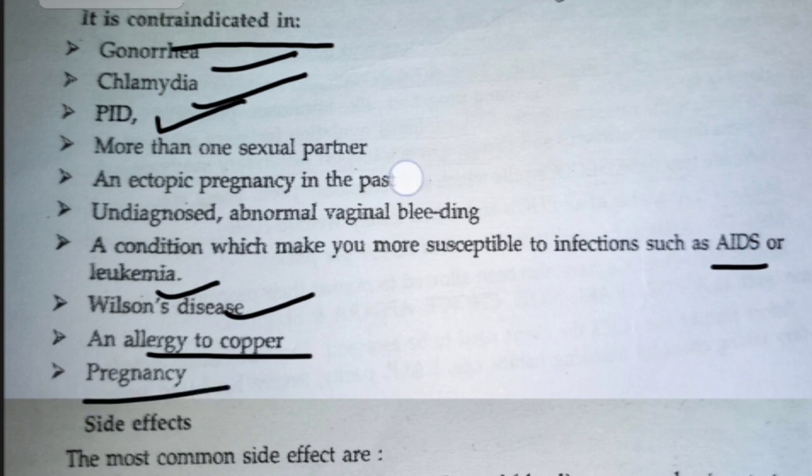If she has a past history of ectopic pregnancy, where fertilization occurred in the fallopian tube or any region apart from the uterus, an abnormal pregnancy, she is not allowed to use it. If there is any abnormal vaginal bleeding, she is also not allowed to use it. These are the contraindications.